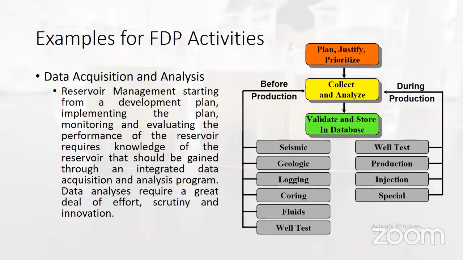In those cases, the development planning activities may need hydraulic fracturing, or a stimulation of the wells to enhance the productivity. So the first step is data acquisition and analysis.